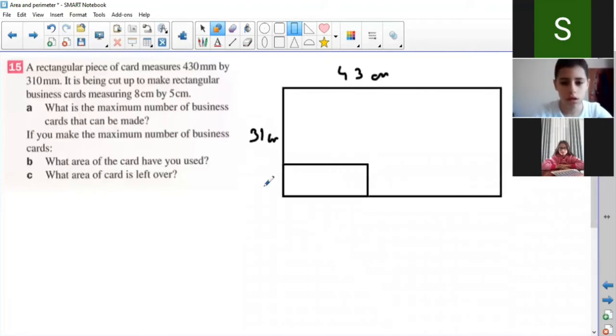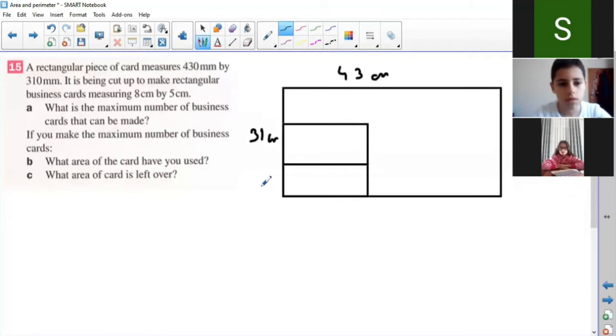And at A, you have to find the maximum number of these cards that you can cut inside of this card. The dimensions of the card that I want to cut are 8 centimeters by 5 centimeters.